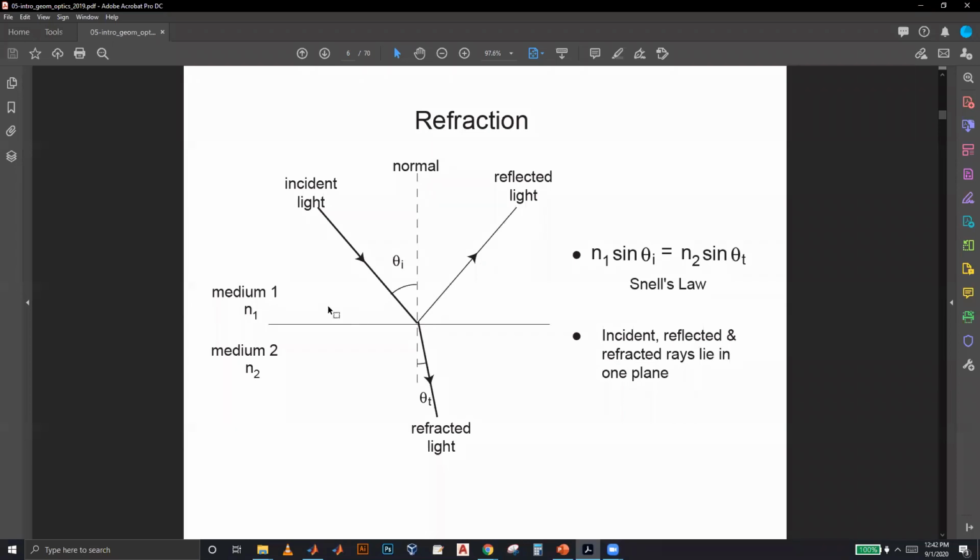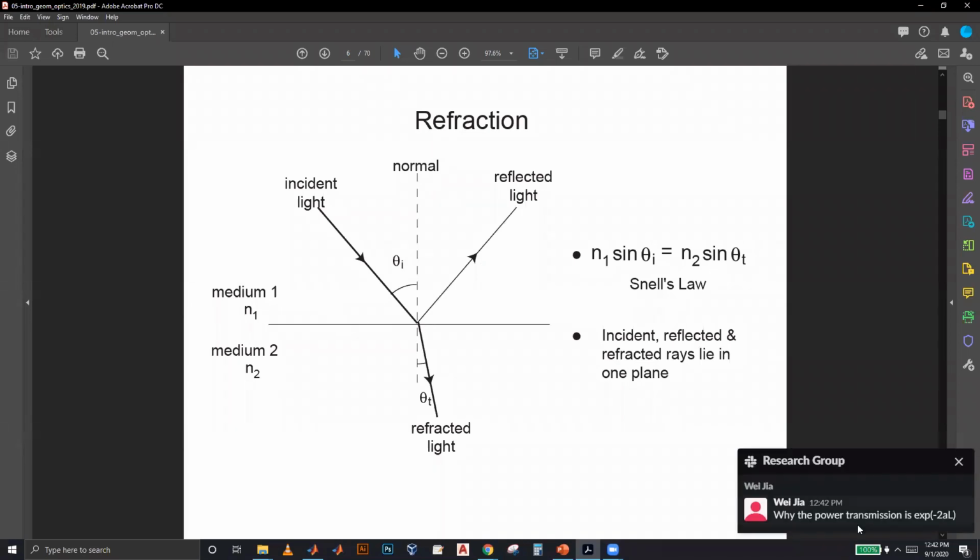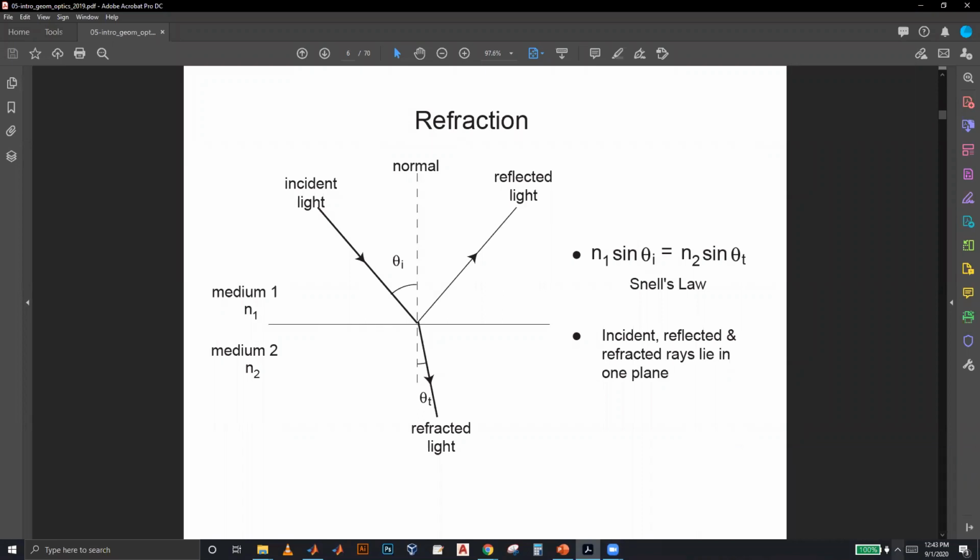In this case, suppose the first medium is air and the second medium is glass, or the second medium is water. So in this case, most of the light will enter the second medium, but it will suffer a change in direction of propagation.